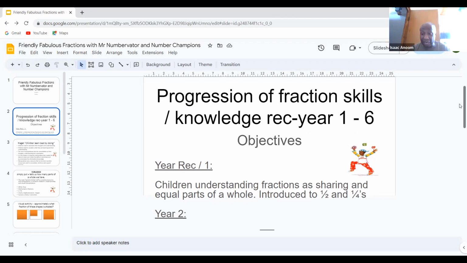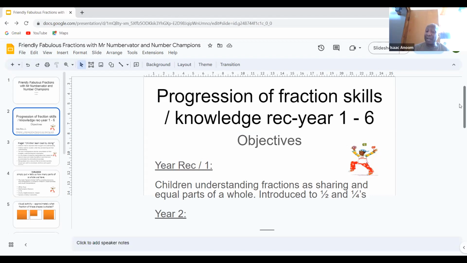You might have some objects, some fruits, some sweets or whatever, and it's all about equal sharing. So one person gets an amount, another person gets another amount, but it's about the equal parts of a whole.